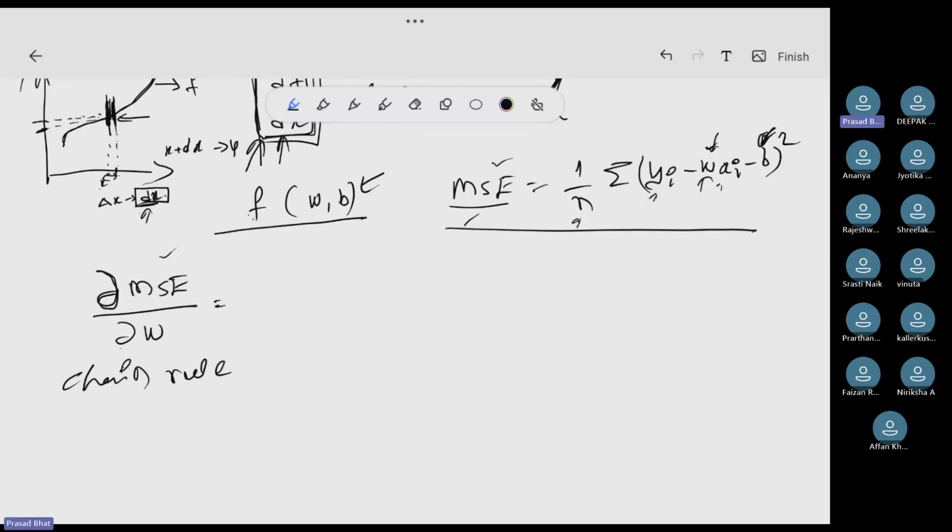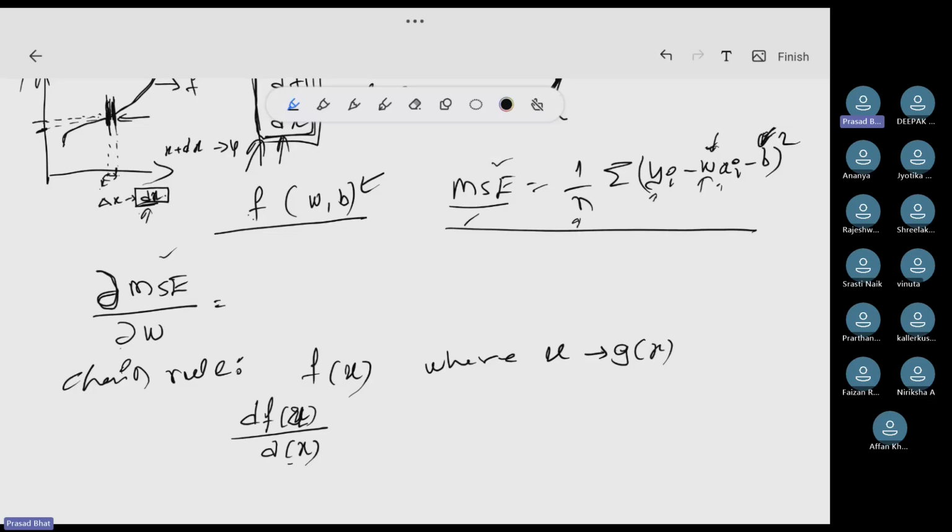Just follow this. If you don't understand, you will have to go through the video once again. Okay. What does this chain rule say? Say, for example, there is a function f of u, where u is another function of x. Then if I try to find out df with respect to change in x, this is u, this is x.